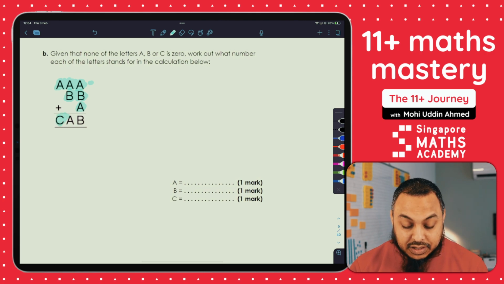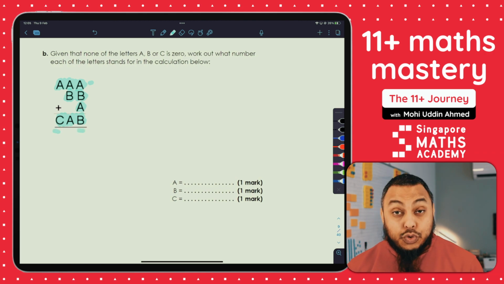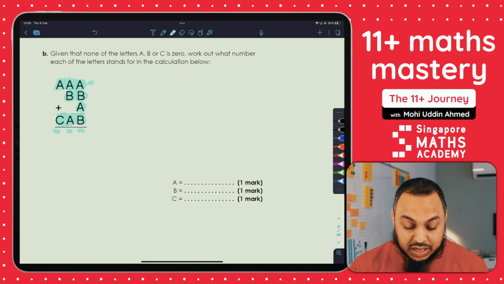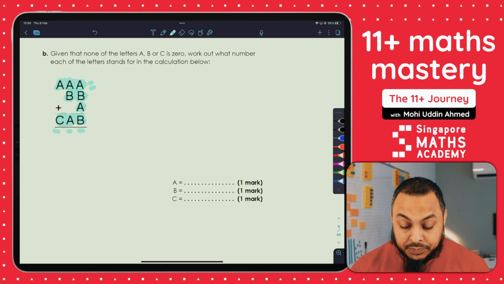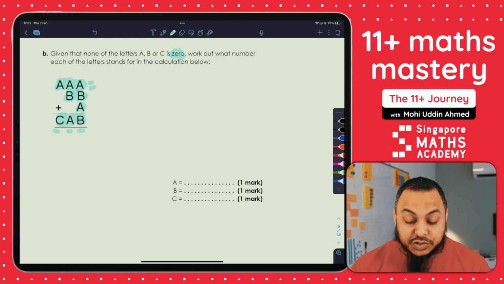And then it makes this 3-digit number here, which has a different digit for the hundreds and the ones column, and the same digit as the first number for the tens column. So quite a bit of information here, but also none of these digits are 0. So we can't just do 0 all the way, because that's not a 3-digit number. 000 is not 3 digits, and so forth.